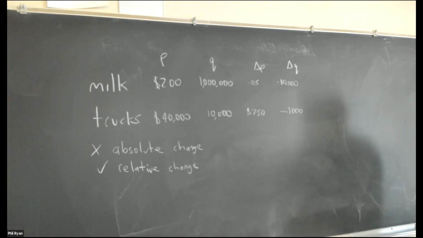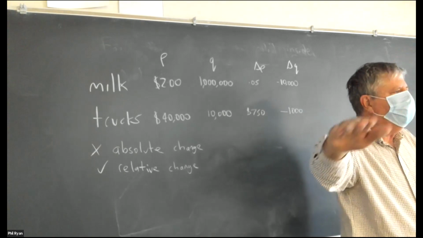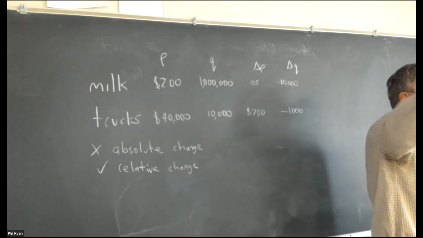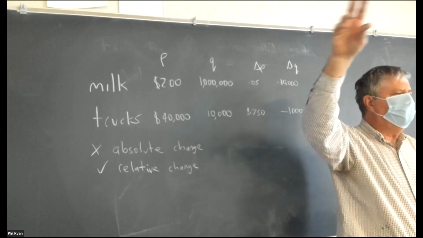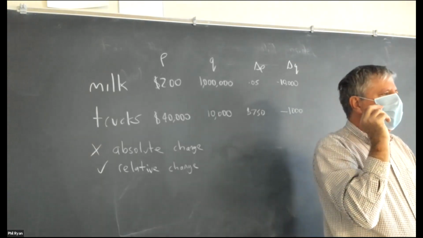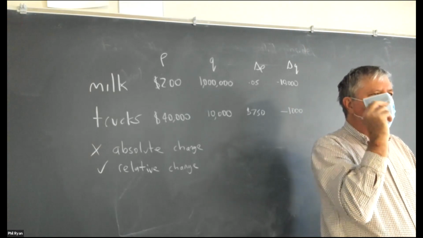In a sense, the person in Albuquerque is doing a better job, right? So relative change is a good way to compare across different situations. It gives a much fairer way of doing it.